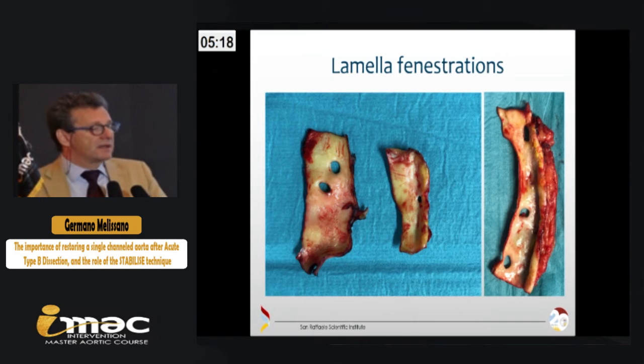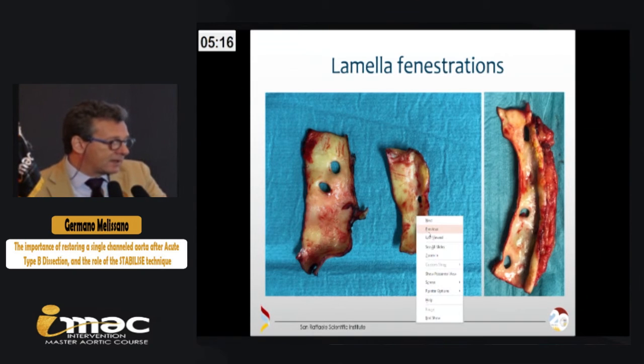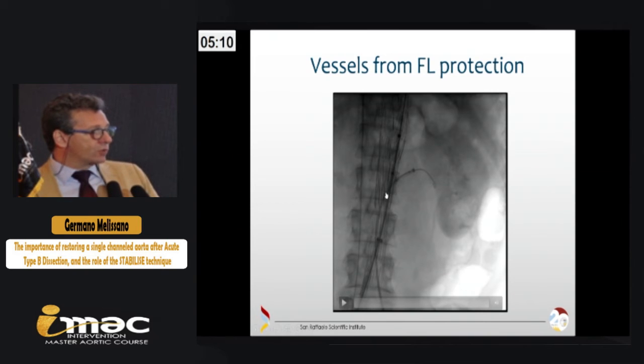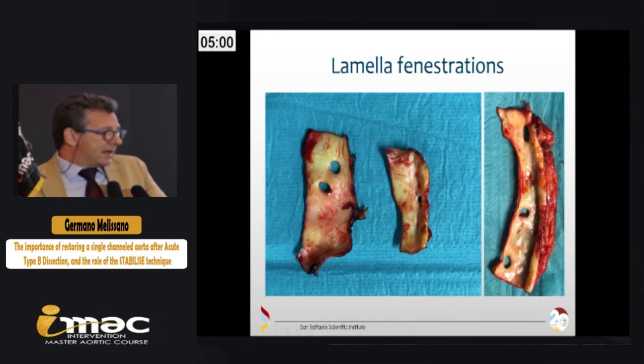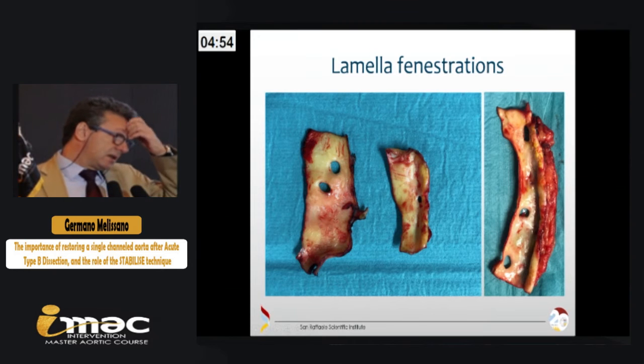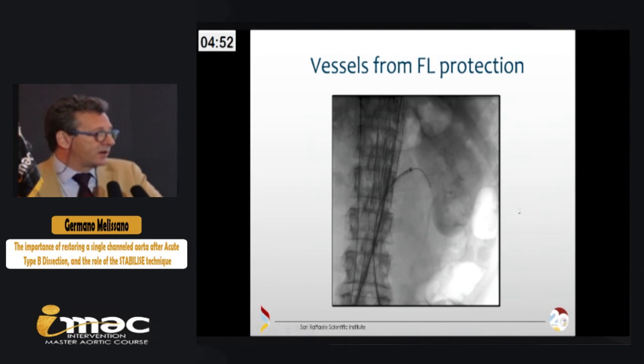And these holes can be, you see, catheterized here. So from the true lumen, we catheterize the hole in the lamella and then the target vessel. This was also done yesterday in the case from Paris for the right renal artery. And once again, this can also serve as re-entry tears distally, and they are always there.